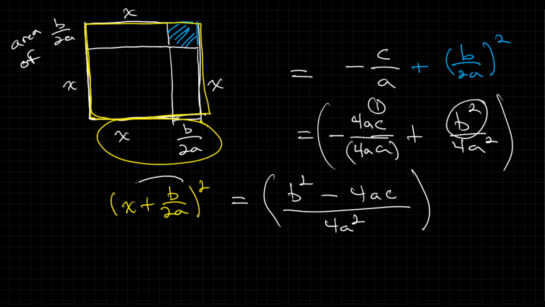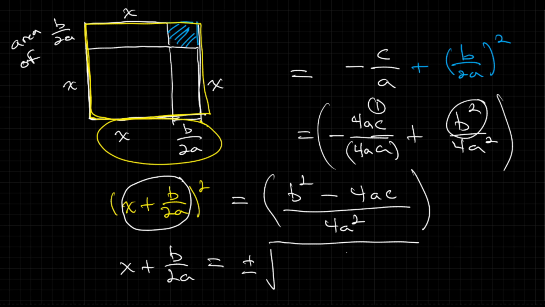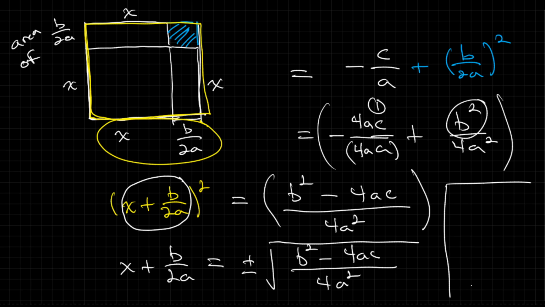And we have an equation which says something squared equals a number. So we can solve that by taking plus or minus the square root. So x plus b over 2a would have to be plus or minus the square root of b squared minus 4ac all over 4a squared. And one nice property about square roots is that the square root of a division is just the square root of the numerator divided by the square root of the denominator.